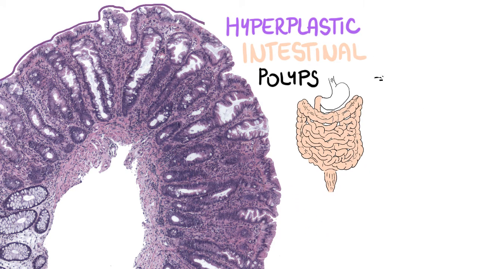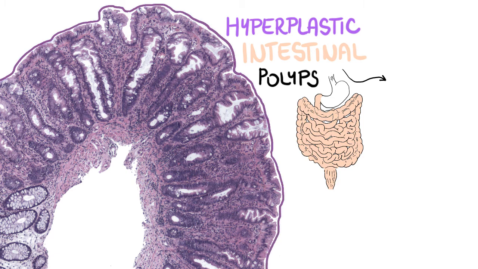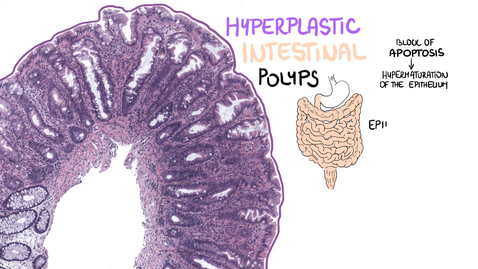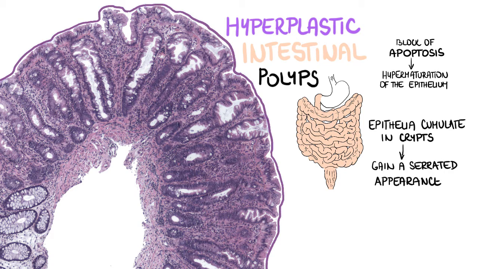Hyperplastic intestinal polyps are in fact caused by hypermaturation of the epithelium due to a block of apoptosis. A physiological renewal of the epithelium is restrained, and the epithelia accumulate in crypts and gain a serrated appearance.